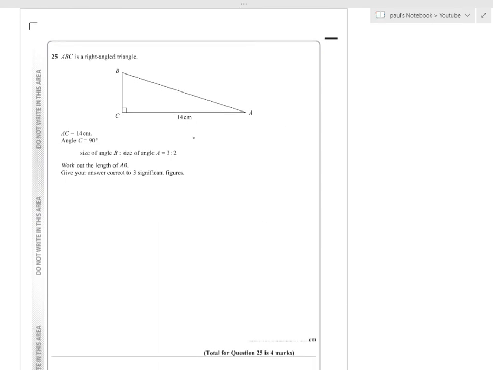Right, here's a right angled triangle. AC is 14, angle C is the size of angle B. The size of angle B to the size of angle A is 3 to 2. Work out the length AB to 3 significant figures. So we've got B to A is 3 to 2, so that equals 5.